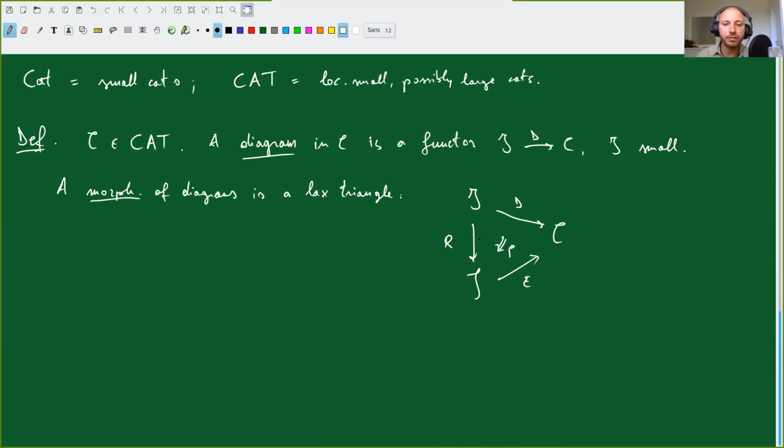So in particular, there's a forgetful functor from this category to just locally small categories. So we call this category diag of C.